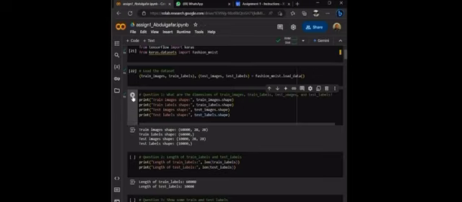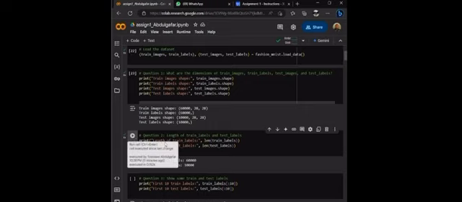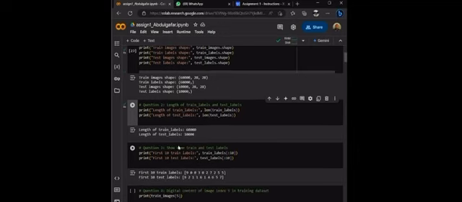If we try to load our data, it shows the training images shape and everything. We have the question that says length of train labels and test labels. The length of the train labels is 60,000, and the length of the test labels is 10,000 as well.